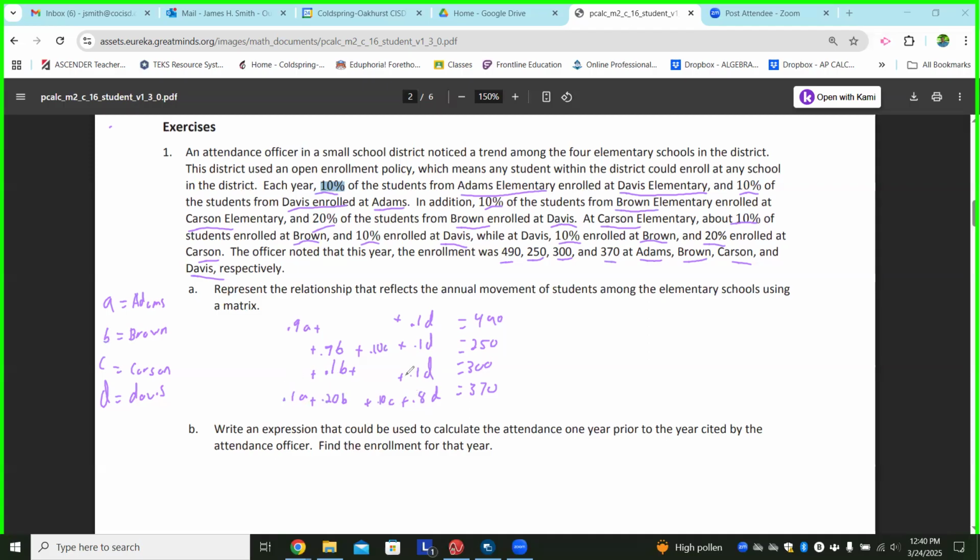So here's Carson. So while at Davis, 20% enrolled at Carson. So here's Davis. So 20% enrolled at Carson. Well, this is Carson here.